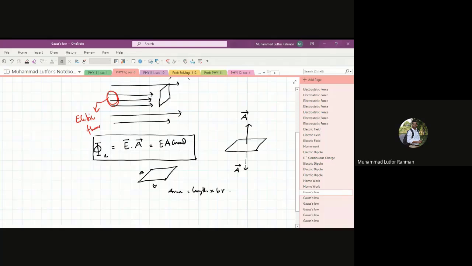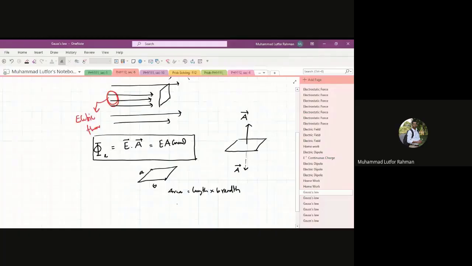We use the cross sign here, never the dot. Expressing the area as a vector A, it would be A cross B. Now A cross B is a vector product, it has direction. That direction we can find using the right hand rule.